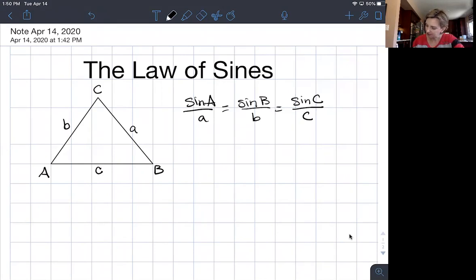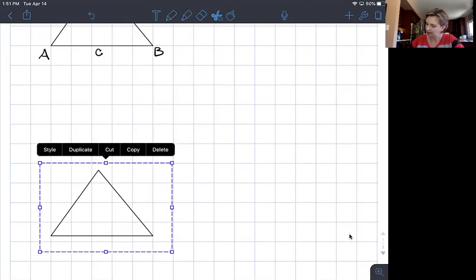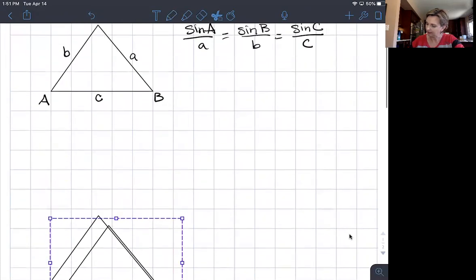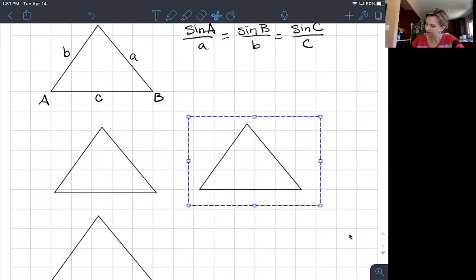So for instance, let's say we have our triangle. I have a triangle written down here. Let's take that triangle and move it up so that it's where we want it. And let's do another one and move it over here.